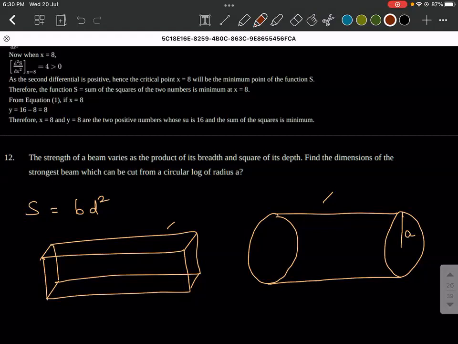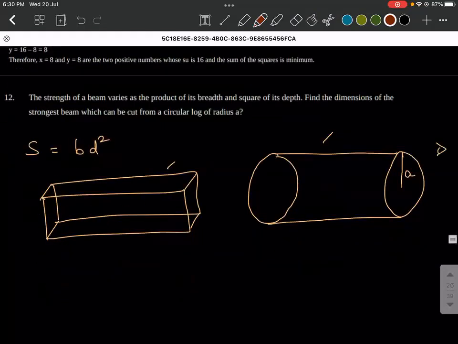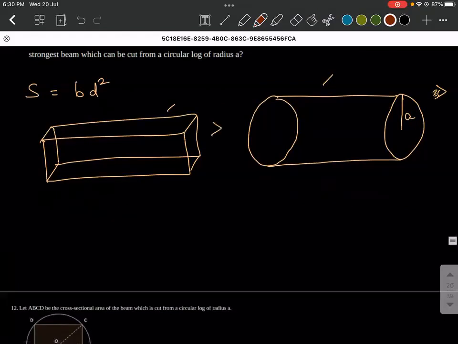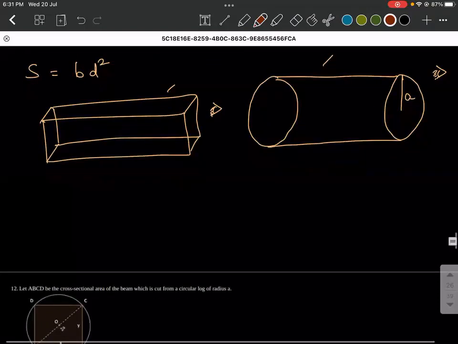Yeah, tell me how to solve this. You're seeing from this side, no? From the circular log, what is cut? There is a rectangle because when you see it from this side, you will have the width and the depth. So how will you draw it then?